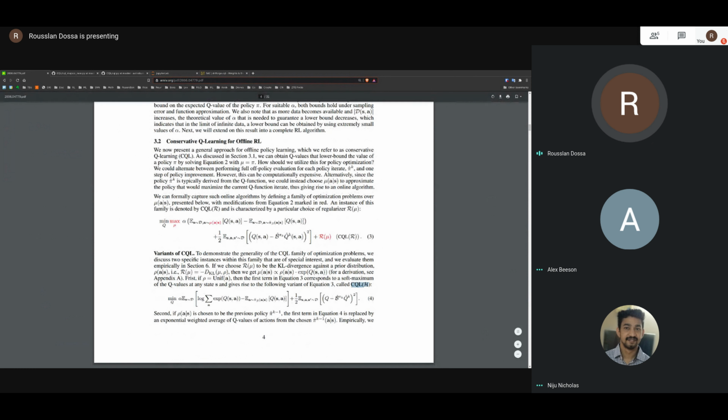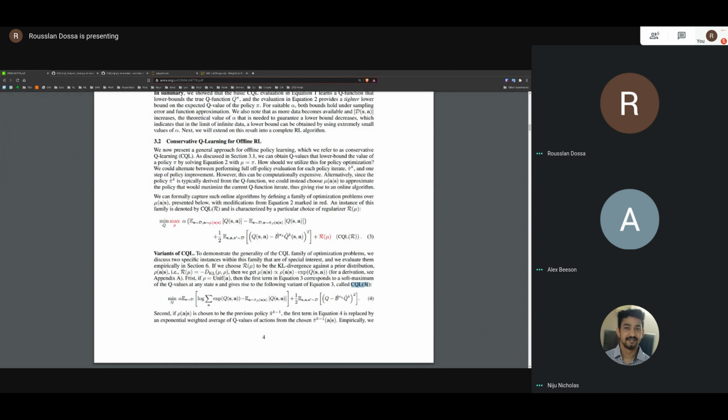And there is a CQL rho, I believe. And for the CQL rho, they choose the mu as a uniform distribution, it seems. Or is it the past policy? Yeah, this part is quite confusing for me. Does anyone have like a quick rule of thumb?